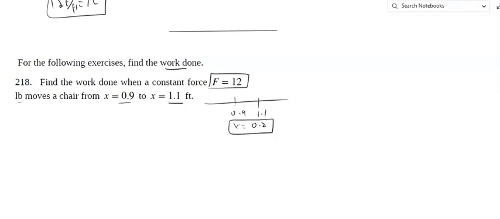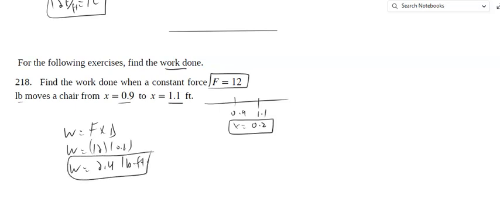It is in feet. So we're set there. We really don't have to convert that. I could say work equals force times distance. The force is 12, distance is 0.2, so work is 2.4 pound-feet.